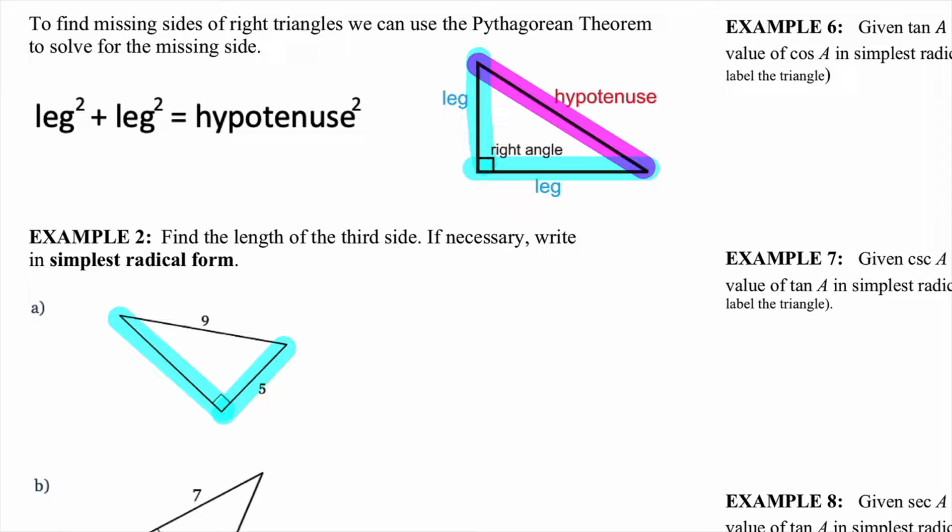And the hypotenuse is always going to be across from the square. So I'm missing a leg, and since I don't know what it is, I'll call it X. Now I'm going to use the Pythagorean theorem. Take one of the legs, it doesn't matter which one. X, square it, plus the other leg squared equals the hypotenuse squared.